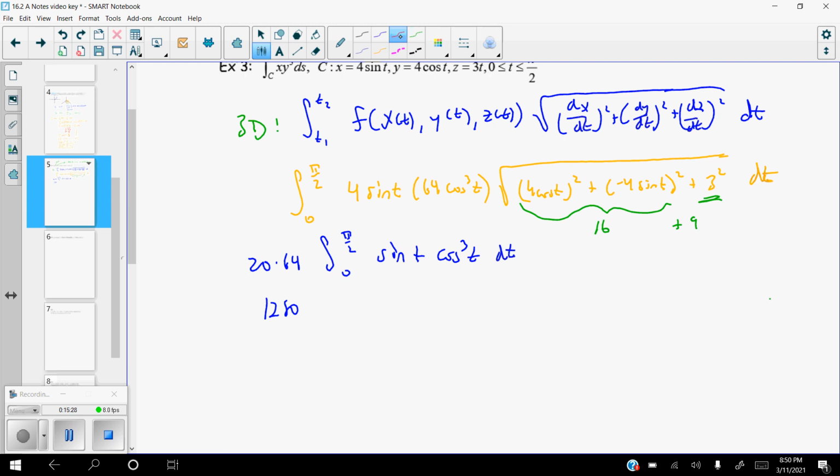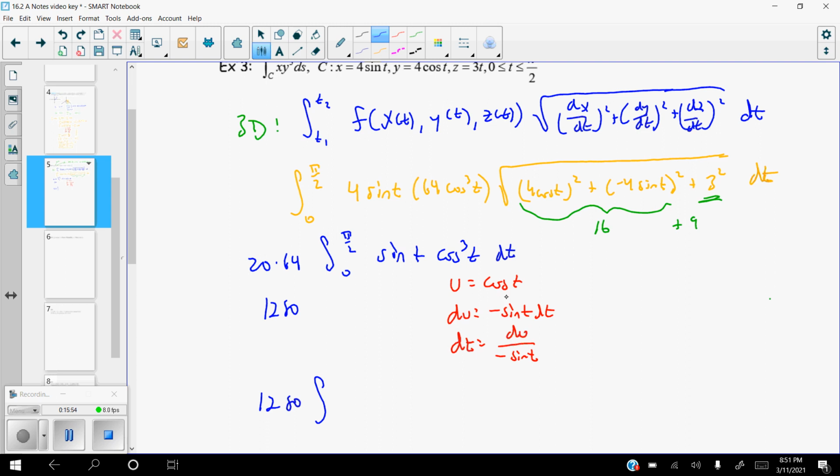This part, we're going to have to do a u substitution. u is going to equal cosine t, which makes du negative sine t dt. dt is then going to be du over negative sine t. We can change the bounds. So we'll get 1280 integral.